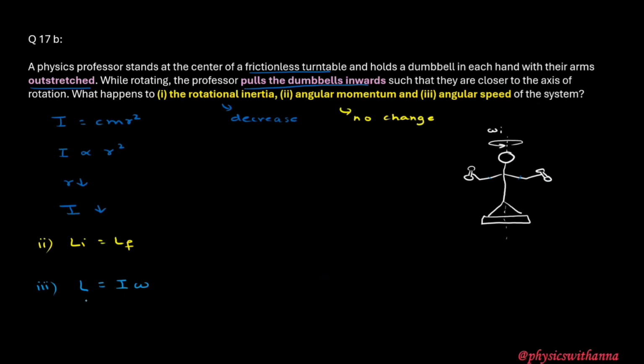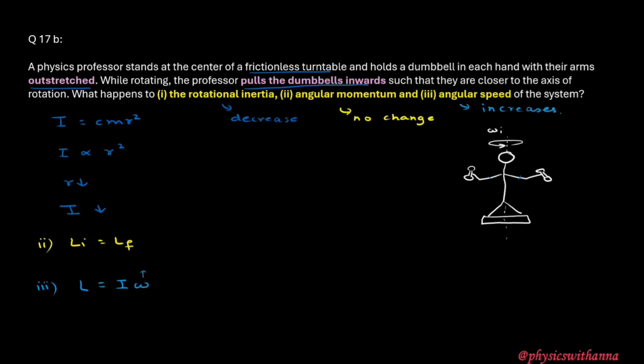But the angular momentum of the system remains the same. If you want to keep the angular momentum the same, you need to compensate for the decrease in moment of inertia. So to compensate for the decrease in I, the value of omega increases. So when the professor pulls the dumbbells inside, his angular speed increases in order to keep the angular momentum constant. So here we can say that the angular speed increases.